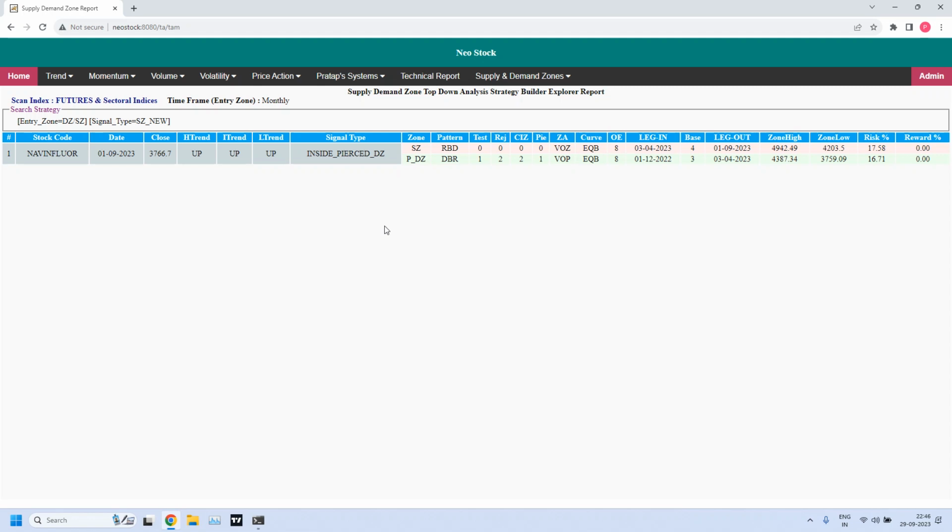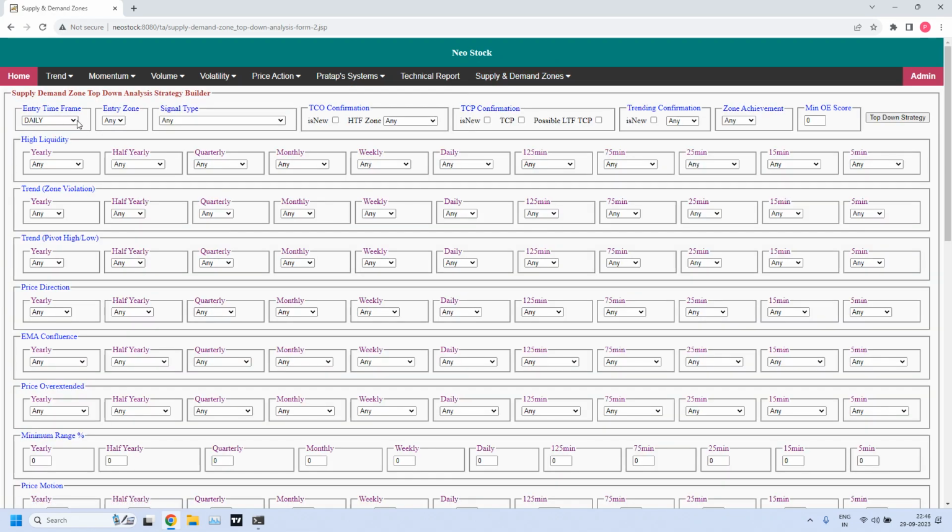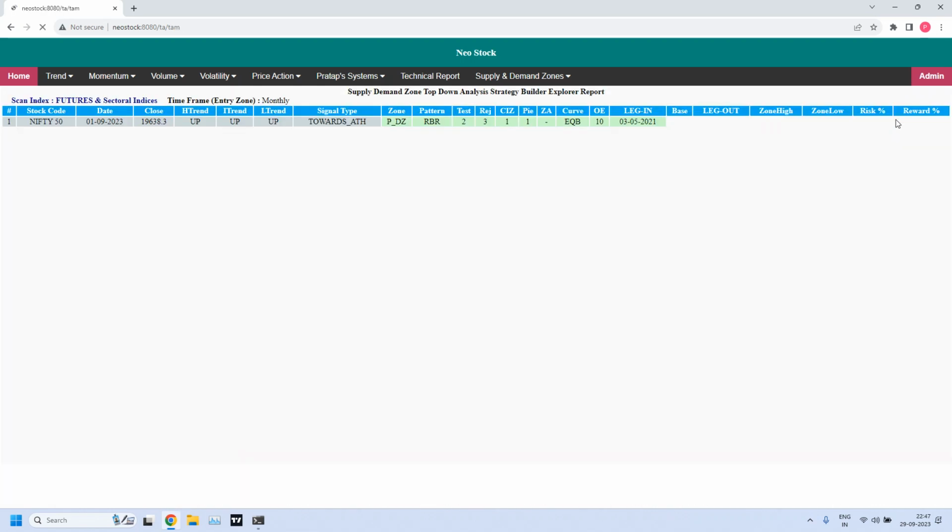Now let me generate demand and supply zones for all the stocks on monthly time frame for your further reference. So I'm selecting the entry time frame as monthly. Without any filters, I'm generating the complete list of the demand and supply zones for all the stocks.